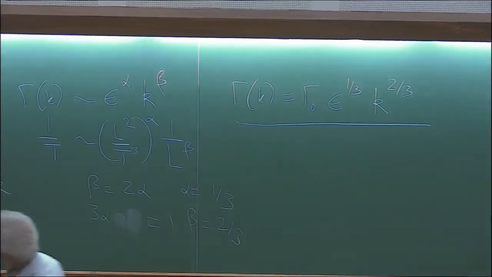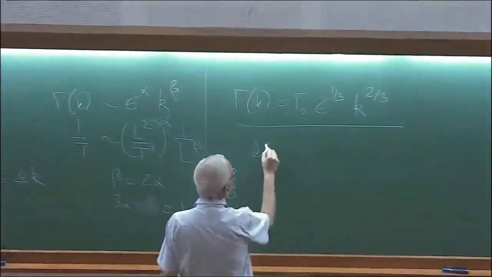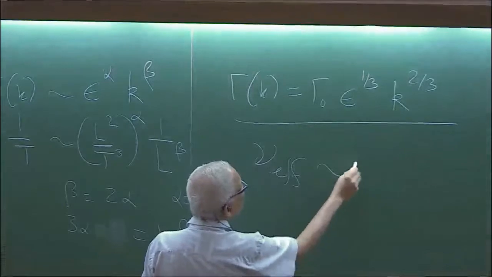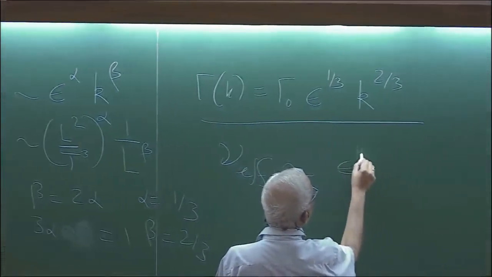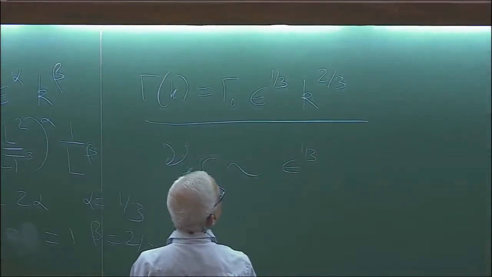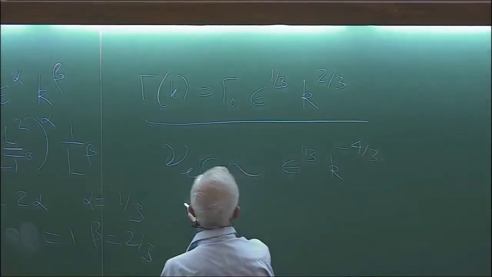And if you compare with this relaxation rate, which is supposed to be nu effective k squared, that tells you that there is a nu effective which behaves like epsilon to the power 1/3, k to the power minus 4/3.